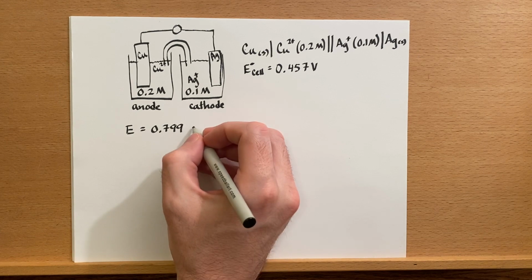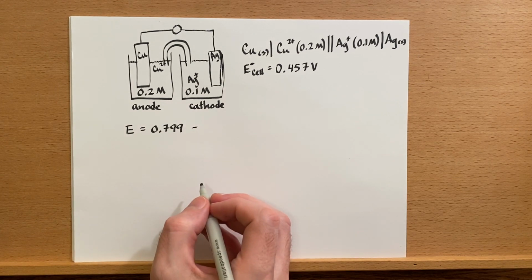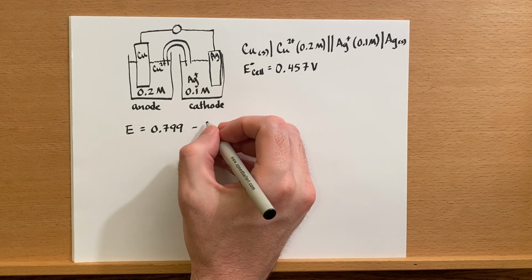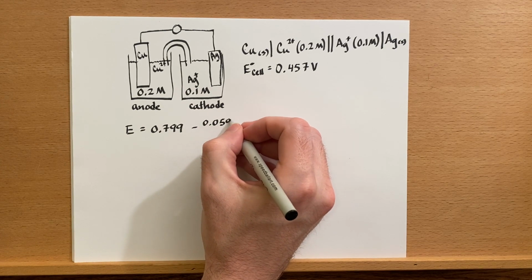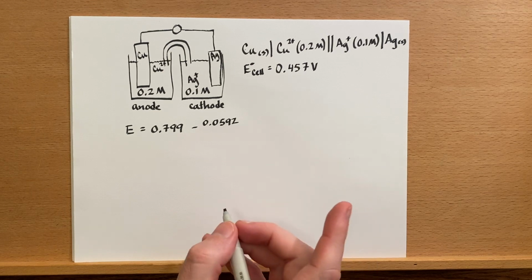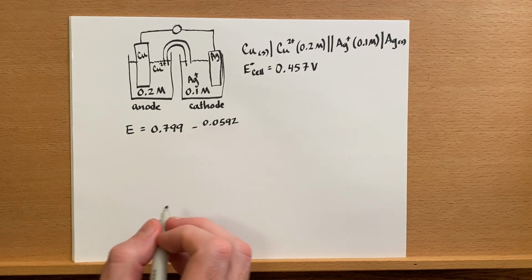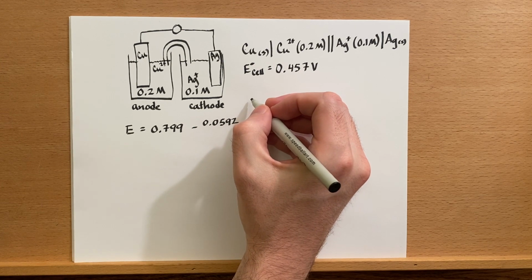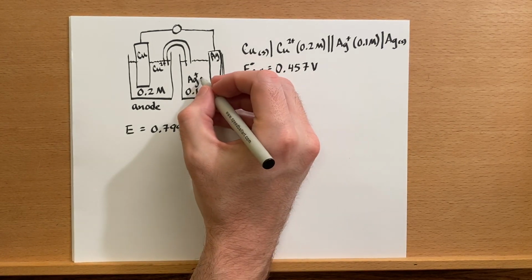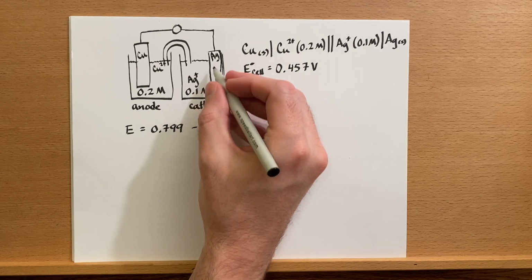And then we'll use the log base 10 form of this equation. You know what? I probably should write out the standard reduction potential equation for silver. And we are doing reduction here. This is cathode. Reduction is happening.